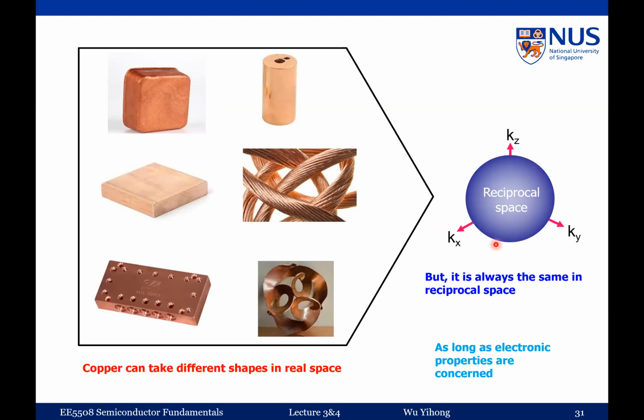When you talk about electric conduction, you don't need to look at electrons inside this sphere, the Fermi sphere. We only concentrate on electrons at the Fermi surface, which is very important. How is this related to the density of states? On this surface, for free electrons, you have the same energy.